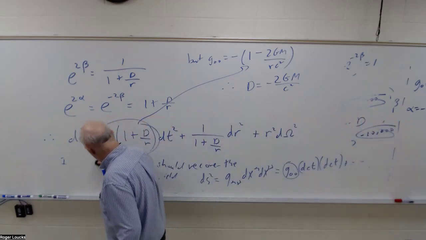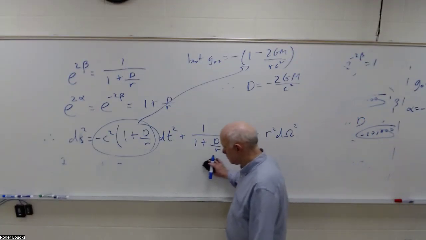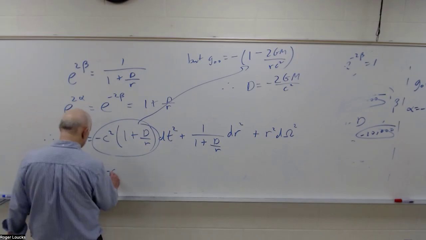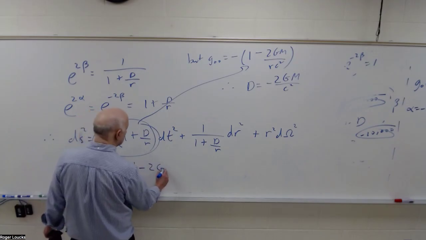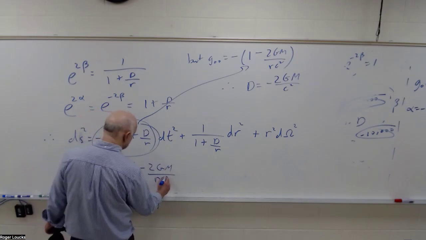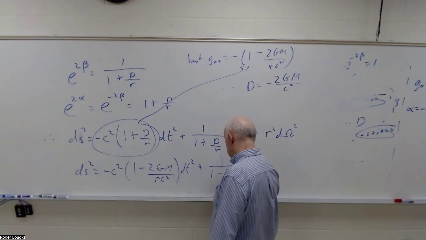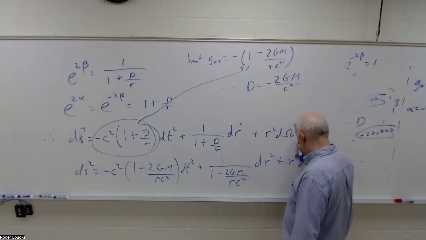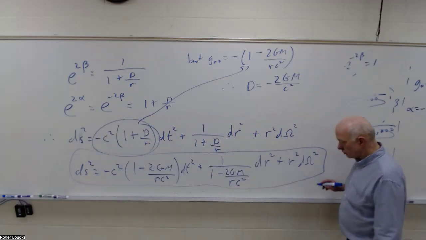That gives us the final result, which is our Schwarzschild metric, the most famous metric in general relativity.